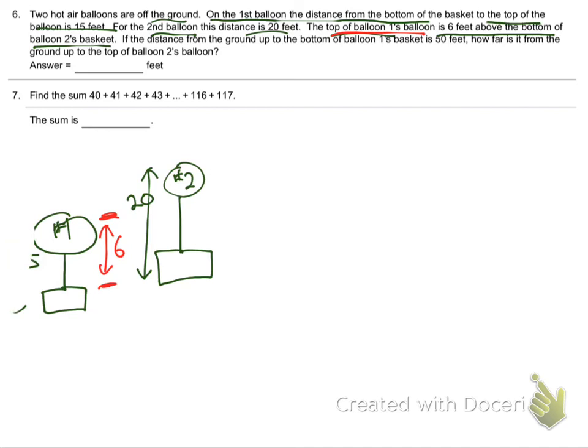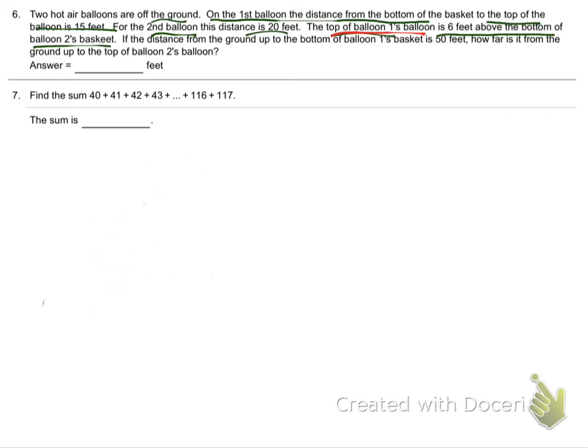Here, I still don't like my drawing. It's not super good. Let me try to do a little better job here. So we got balloon 2. Balloon 2. And then we got balloon 1. Oh, try a little bigger one there.